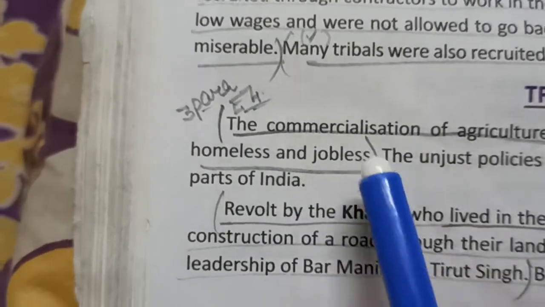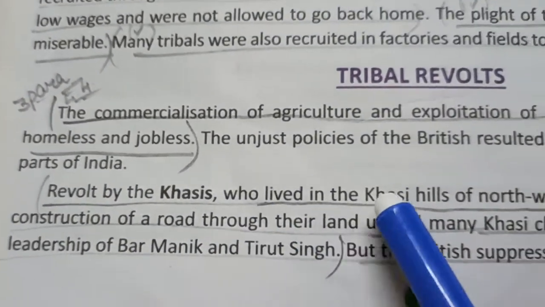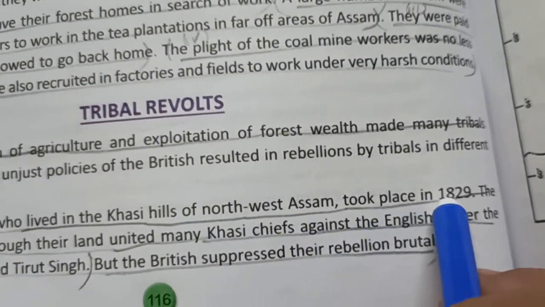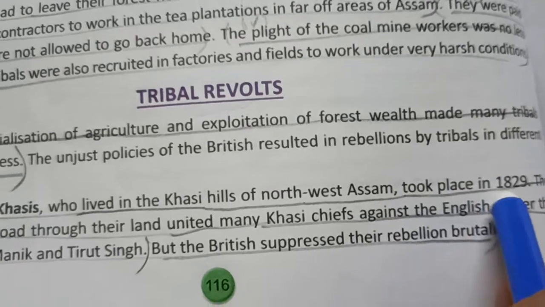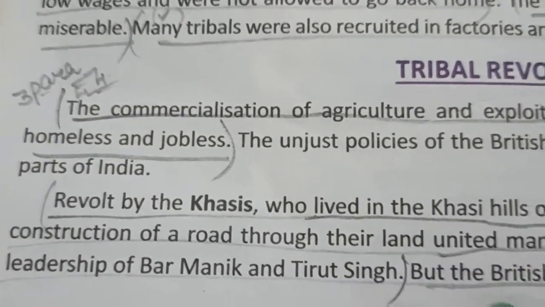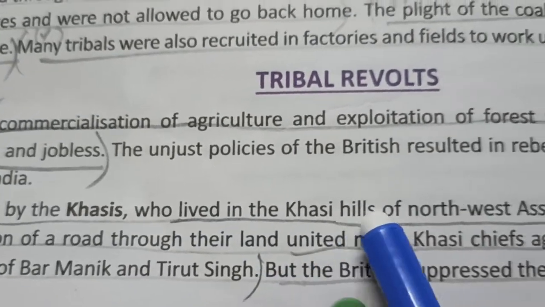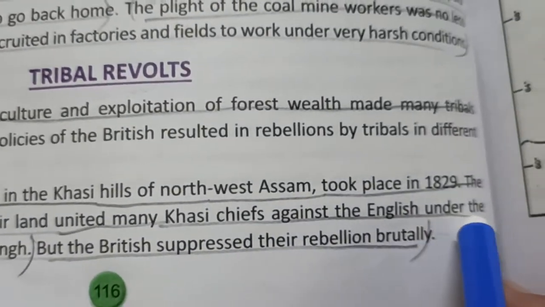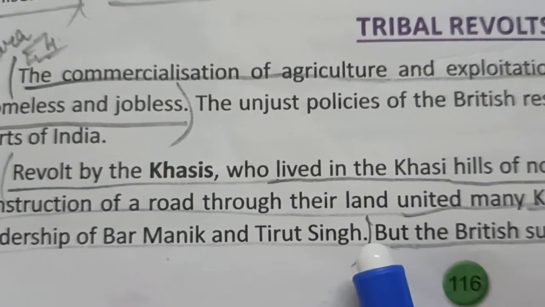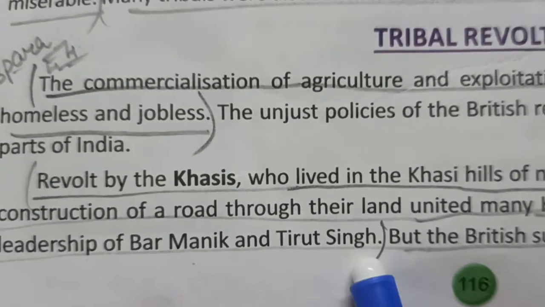For example, you can write, revolt by the Khasis who lived in the Khasi hills of northwest Assam took place in 1829, and the construction of a road. Why this revolt took place? Because the construction of a road through their land united many Khasi chiefs against the English under the leadership of Bar Manik and Tirut Singh.